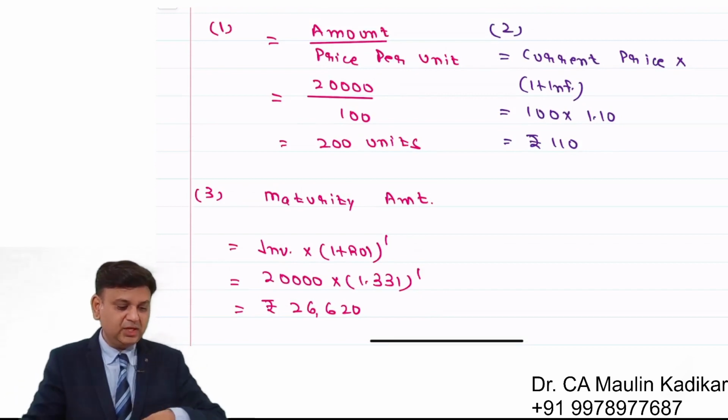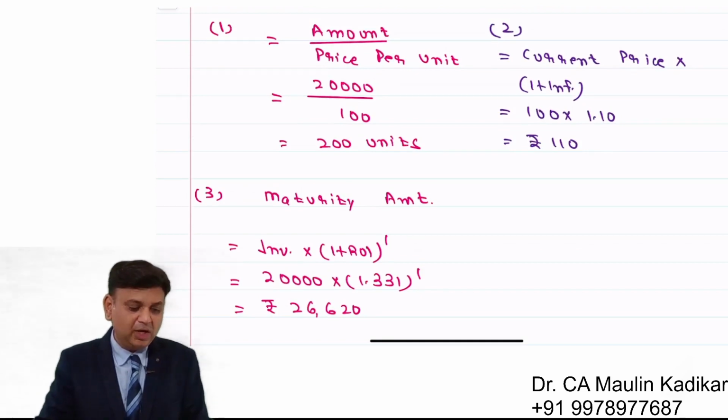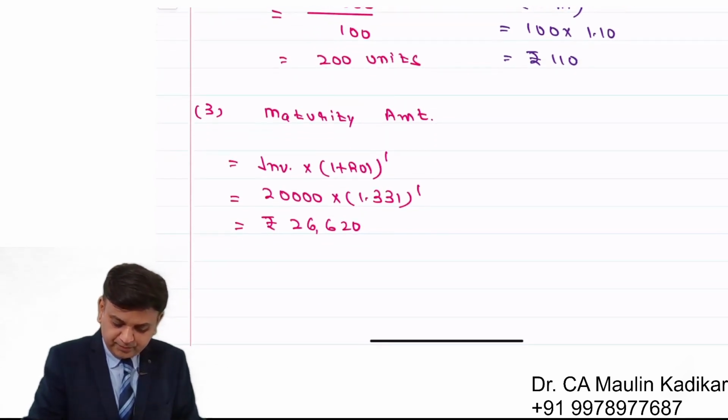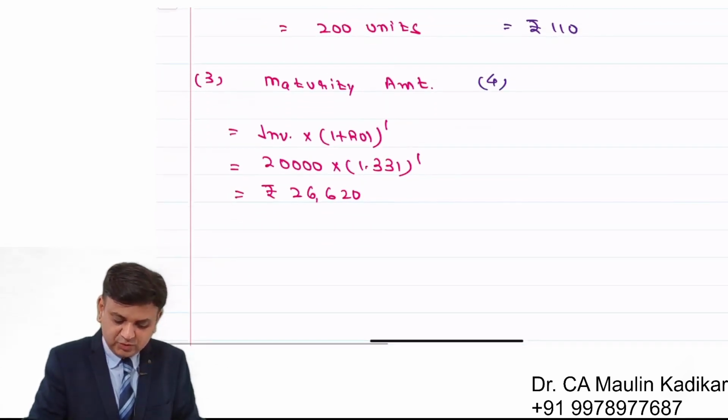Next question is, with the amount of the maturity, how many units can be purchased of the X commodity? So answer of the fourth question is amount divided by price.